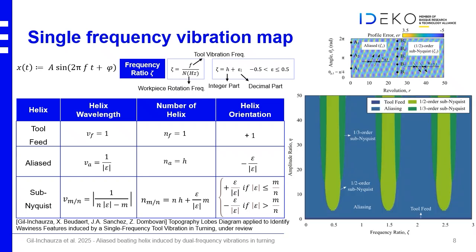And with this, we can get this kind of map where we have the frequency ratio, the amplitudes of the vibration, and depending on where we are, the dominant helix is changing. So with this, it doesn't mean that on the surface we always have more than one helix, but the dominant one is defined by these equations and this map.